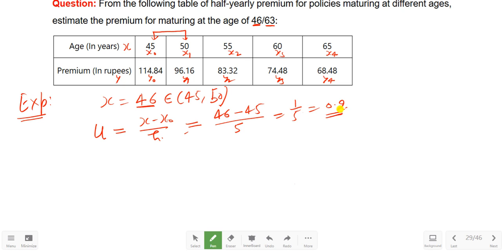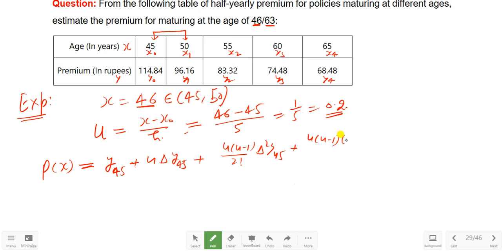In that case, when we apply Newton's forward difference interpolation formula, P of x is equal to f of x0, or y0. Here x0 is 45, so we write y of 45, plus u del y of 45, plus u(u minus 1) upon 2 factorial del 2 of y 45, plus u(u minus 1)(u minus 2) upon 3 factorial del cube of y 45, plus u(u minus 1)(u minus 2)(u minus 3) upon 4 factorial del 4 of y 45.